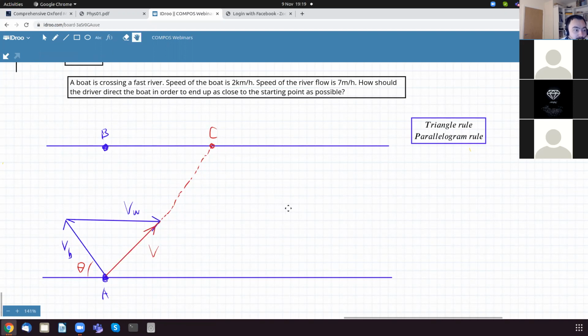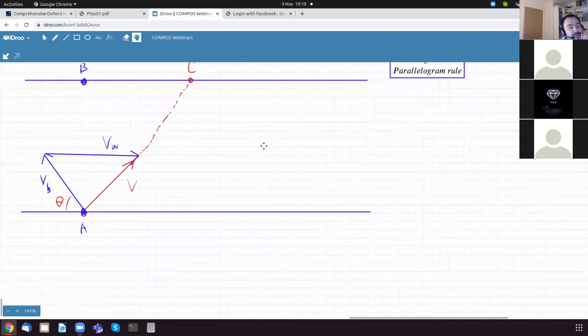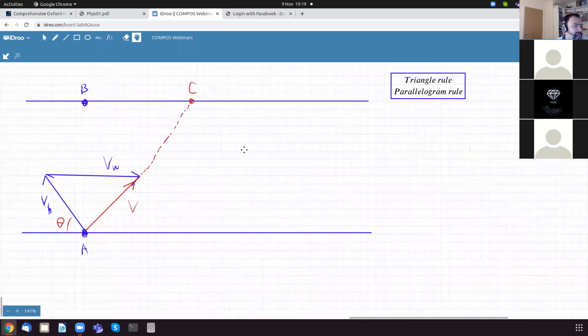Well, if you use GeoGebra, you can actually play around with it a little bit.